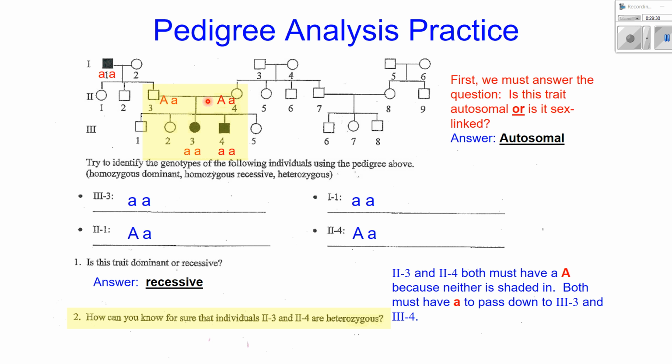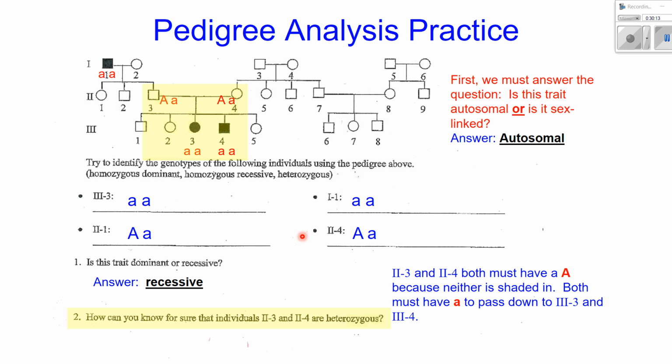So I know that both this man and this woman have to have a big A. And I know that they both have a little a because of their kids. You see? Well, and actually, for this guy right here, there's two reasons why I know he's heterozygous. He has to get a little a from his dad. Okay. But even if I didn't know that information, I could just look at his daughter and his son. And if a kid is little a, that means both the father has to have the little a and the mom. So that takes care of all the questions on this pedigree.